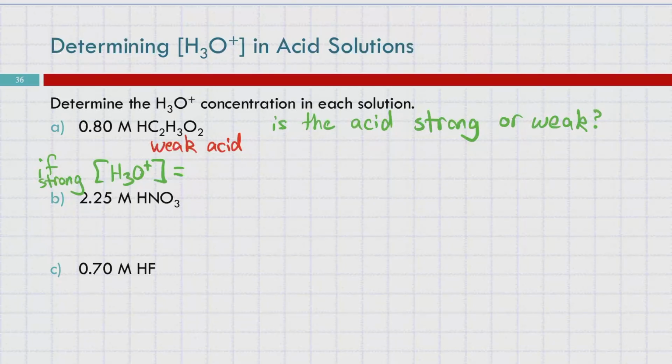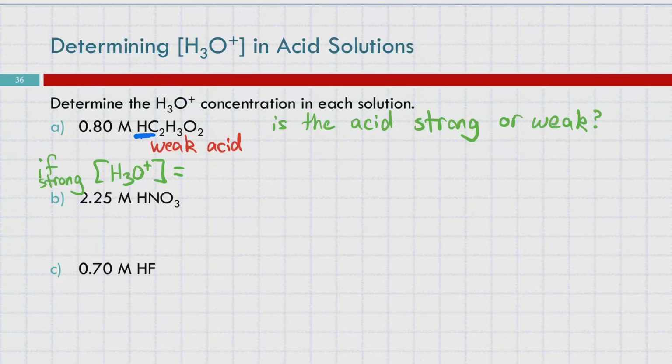Pick a number between 0 and 4. 3. It's not 3. Pick a different number between 0 and 4. It's also not 4. It's not 2. It's 1. How do we know it's 1? It's in the front. We have one H in the front. One H in front can produce a maximum of one H plus in solution.